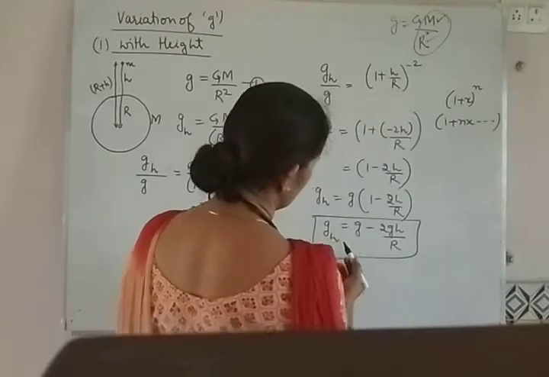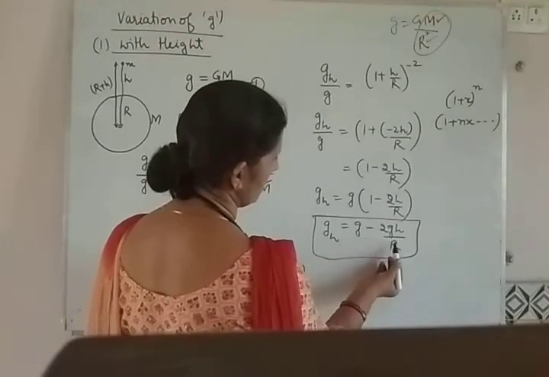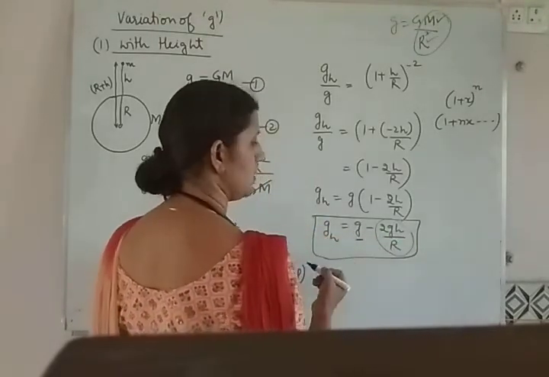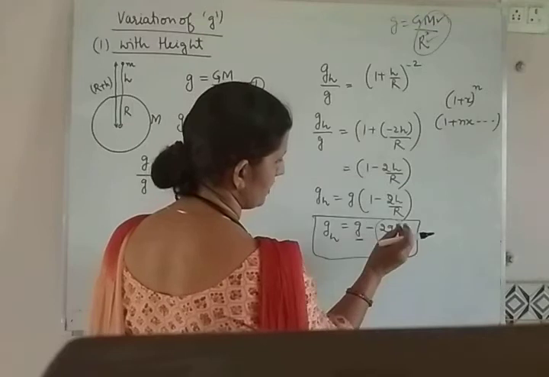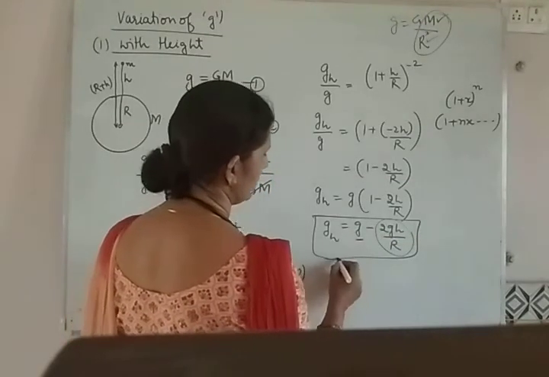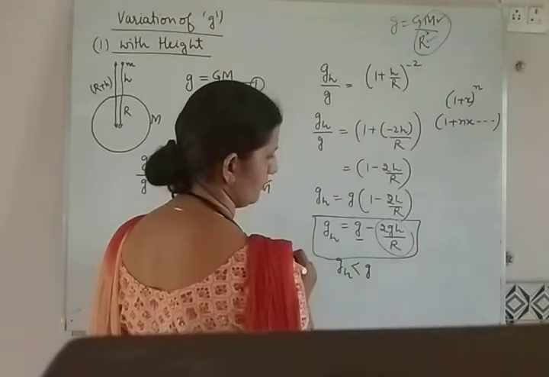You are able to see that the value of g at some height is obtained when something is subtracted from the value of g. It means the g at height is less than g.